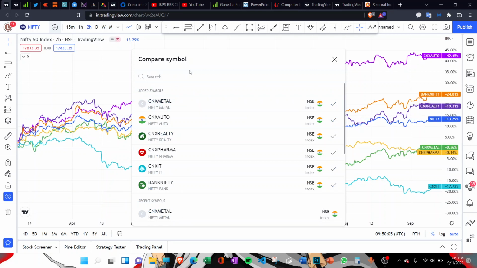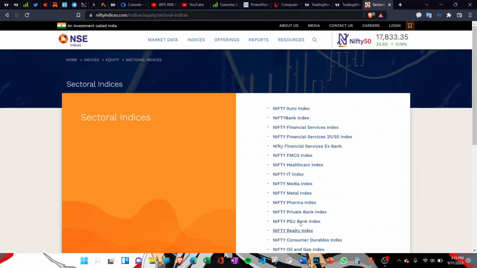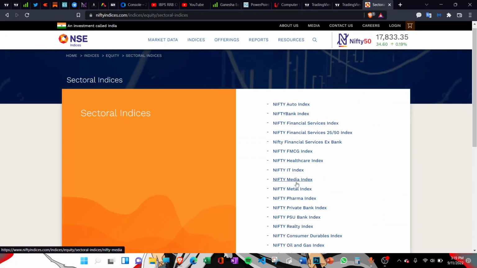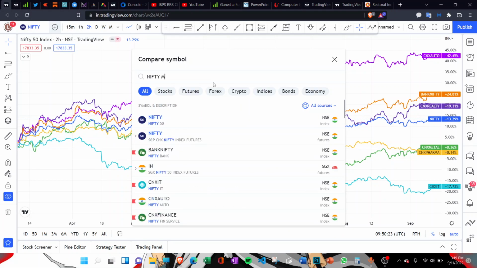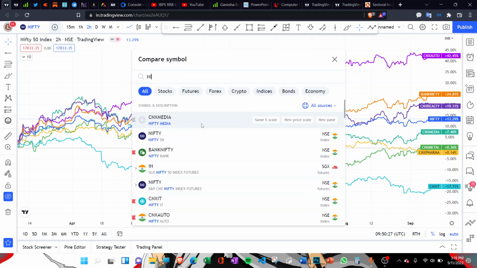So we have auto, Bank Nifty, Nifty Realty, Nifty Metal, Nifty Pharma, Nifty IT, and here, if you forget like me, we have the media, then the PSU Bank index. We have Nifty Media and Nifty PSU Bank index.